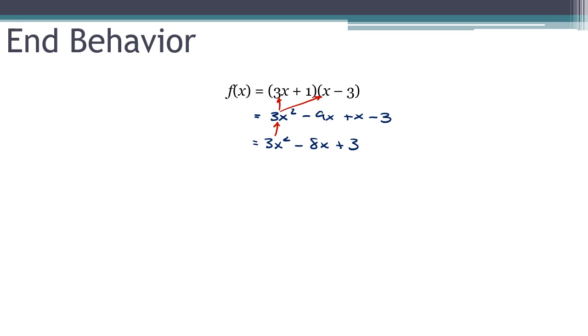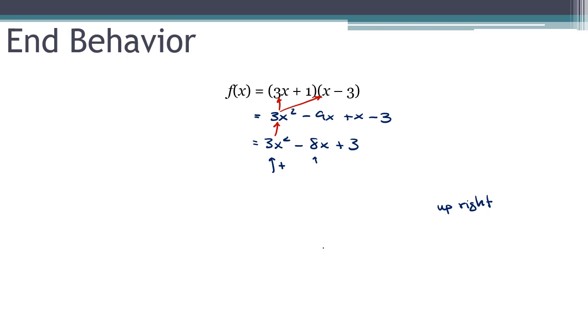If you put a really big positive number in there for x, this is a really huge positive number. And yeah, this number is negative, but as x gets large, it's going to be nowhere near as big as the positive number we're getting from the x squared term. So I would say this goes up to the right, right?